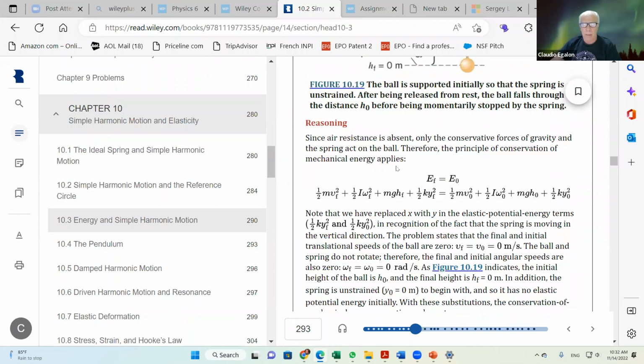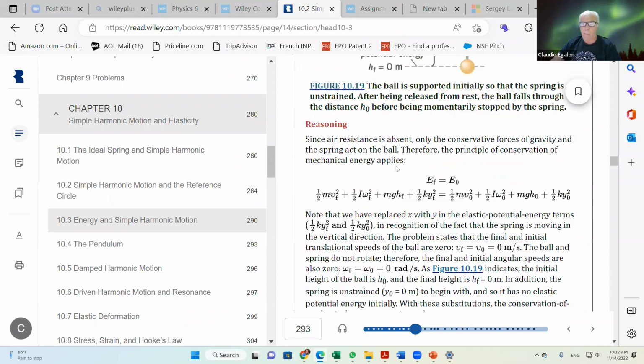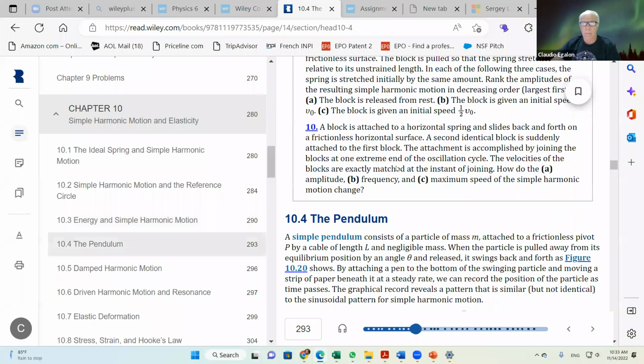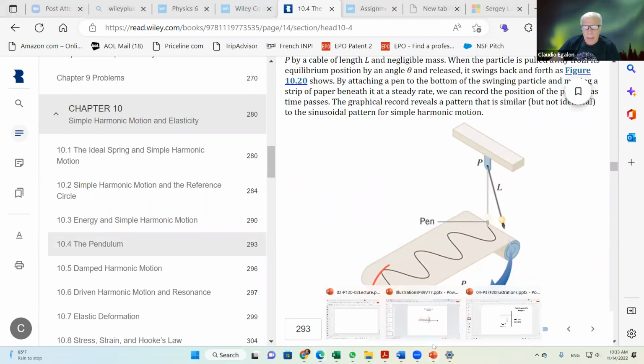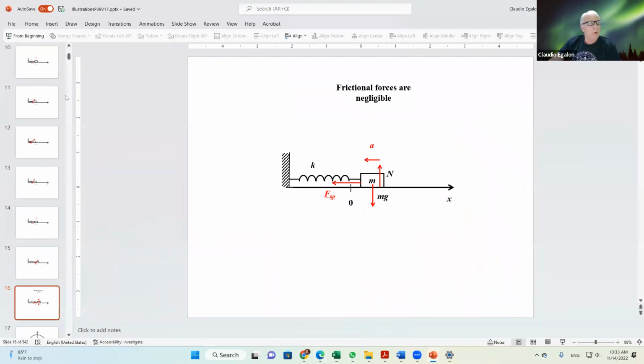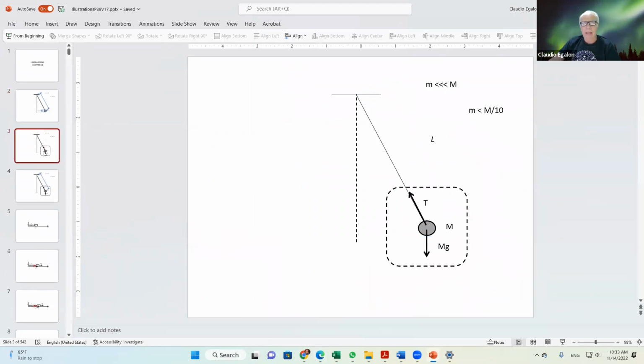Okay, and let's see. Oh, okay, let's do the pendulum now. Pendulum is important. Okay, a pendulum is just that object that you saw initially, right in here. A mass attached to a string and subjected to these forces here, weight and tension.